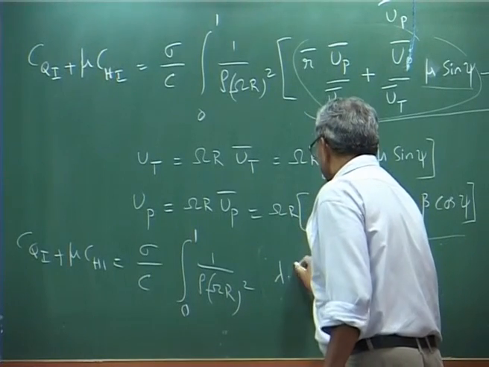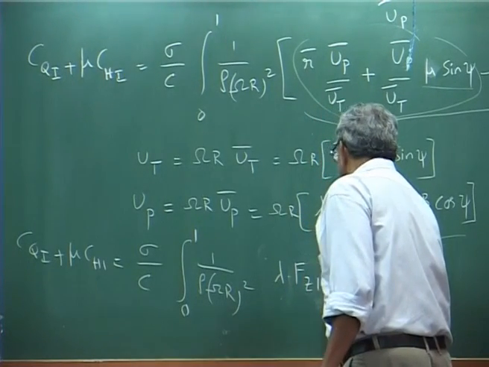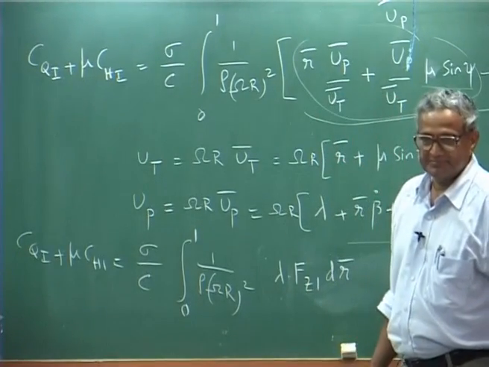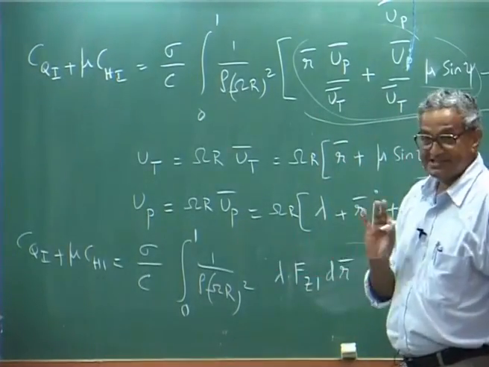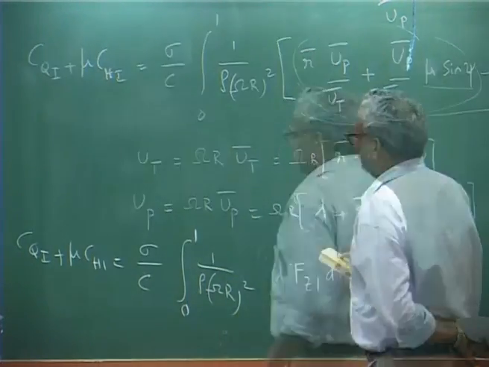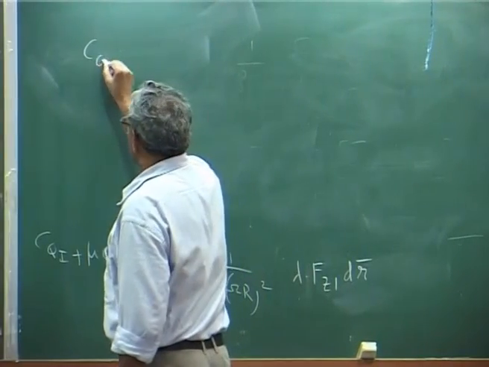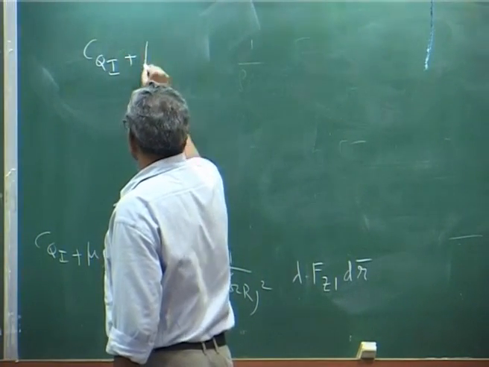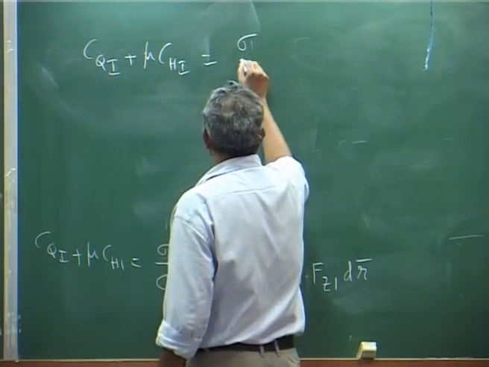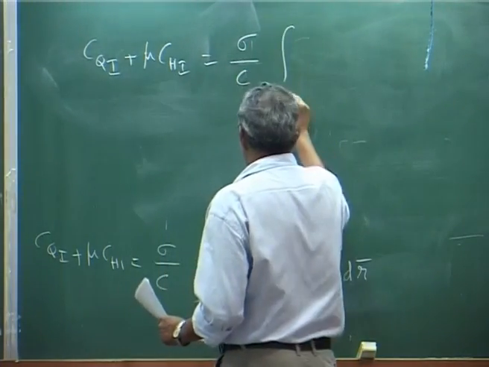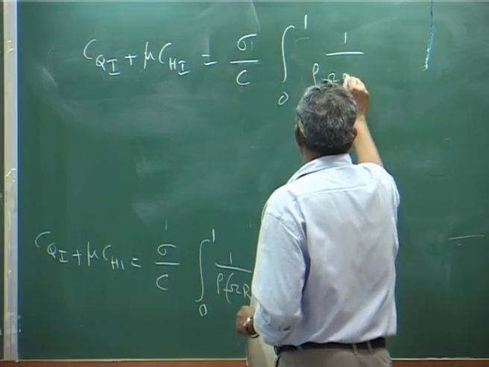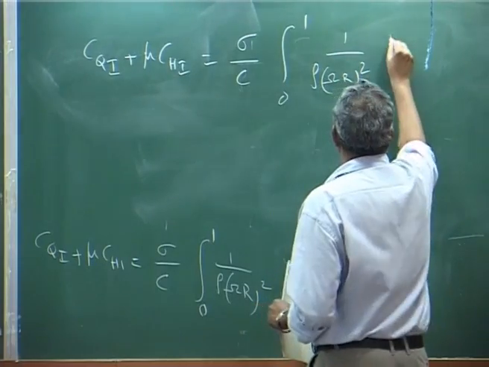Lambda FZ1 dr bar, CQI plus mu CHI. Now, if you look at this particular term, CQI plus mu CHI, which is sigma over C lambda.